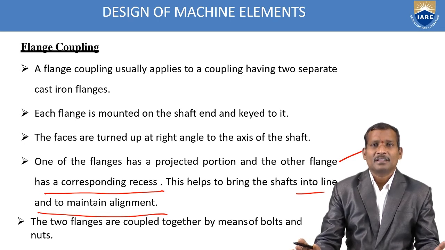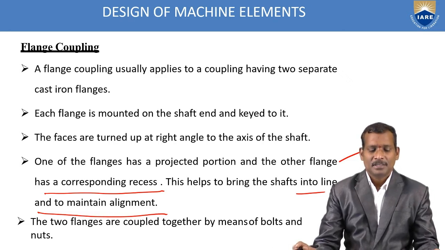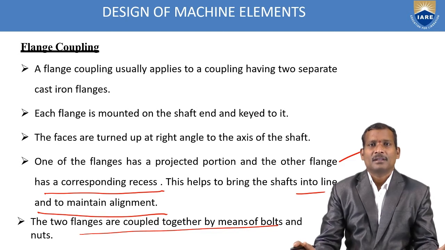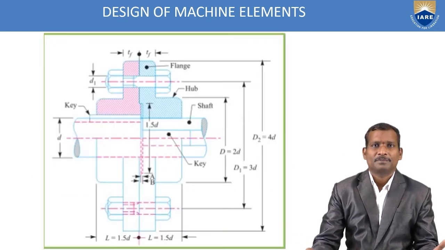That is why this type of flange coupling does not tolerate any misalignment. The two flanges are coupled together by means of nuts and bolts. So this is the brief introduction about the flange coupling.